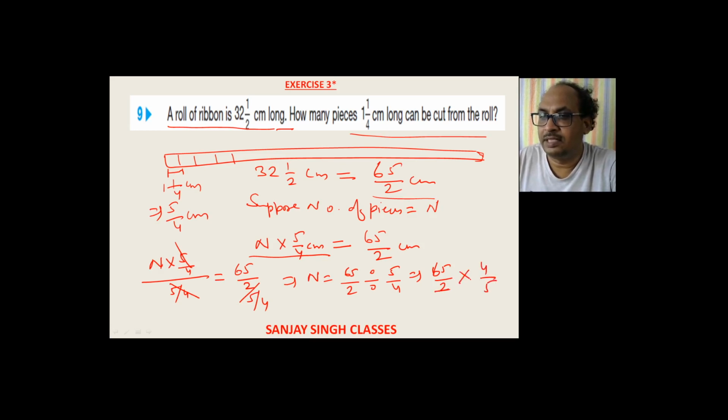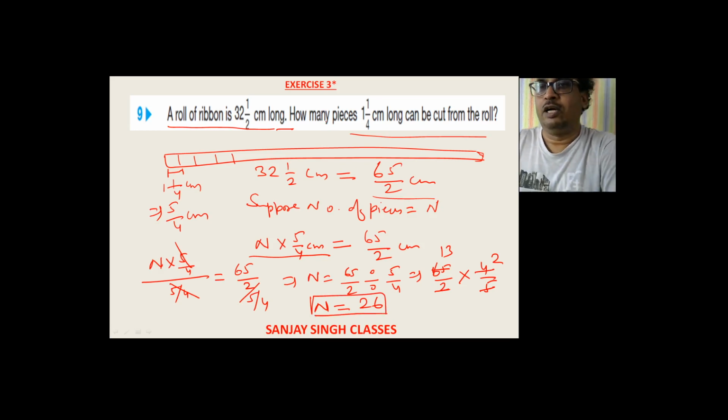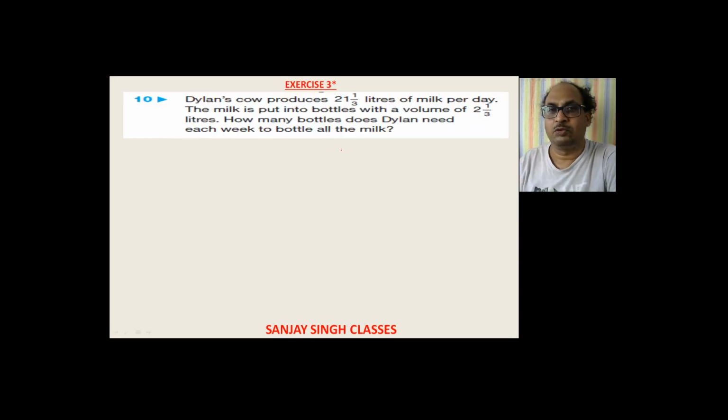Now this will be cancelling: 2 2s are 4, and 5 13s are 65. So we have got n is equal to 13 into 2, 26. So it means 26 pieces. Okay, how many pieces? 26 pieces will be our answer. Okay, we'll move to the next question.